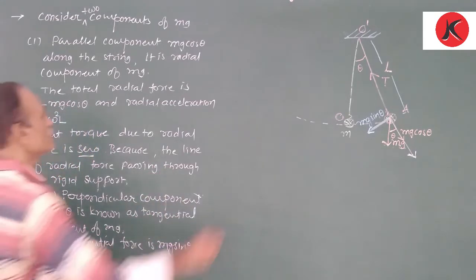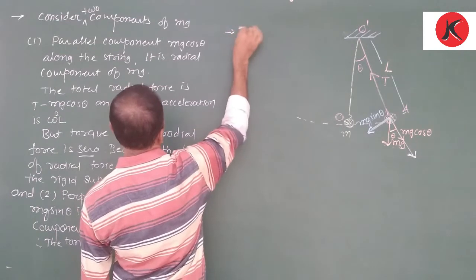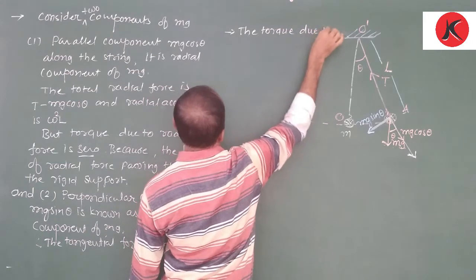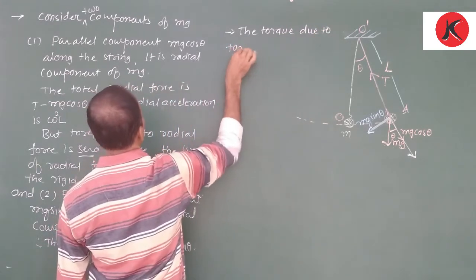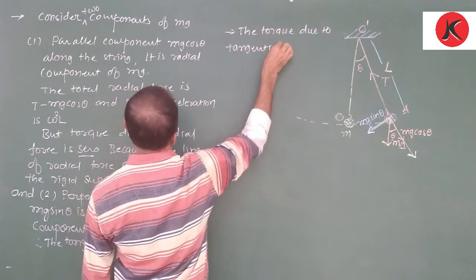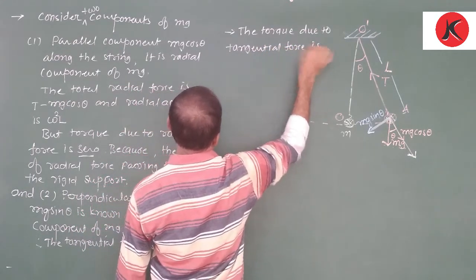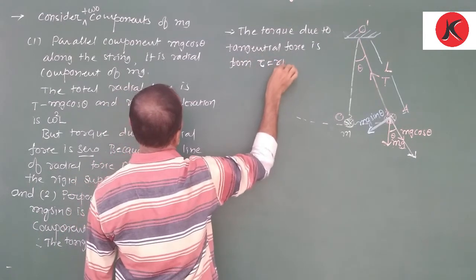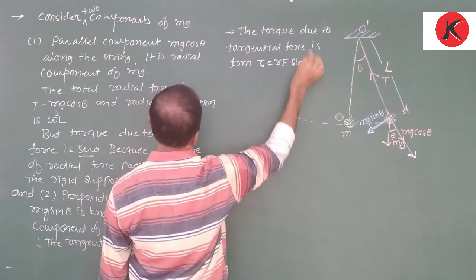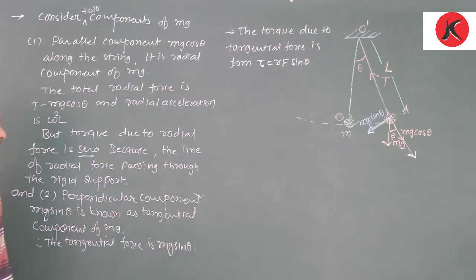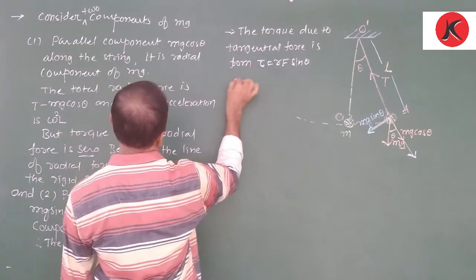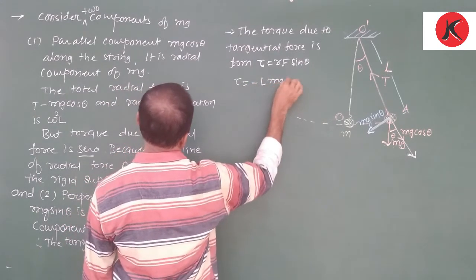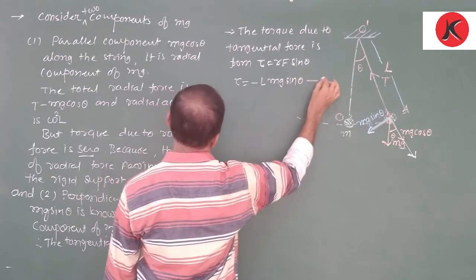The torque due to the tangential force is from tau is equal to R F sin theta. Here tau is equal to minus L mg sin theta. That is equation number 1.